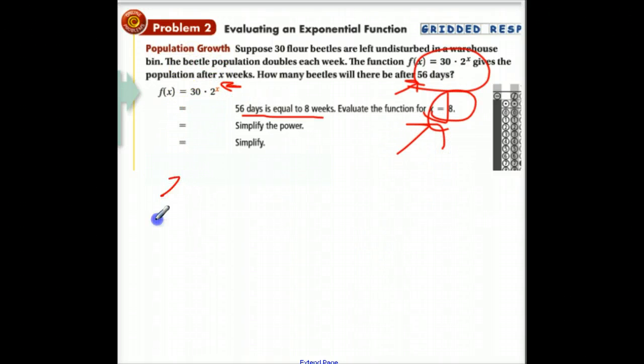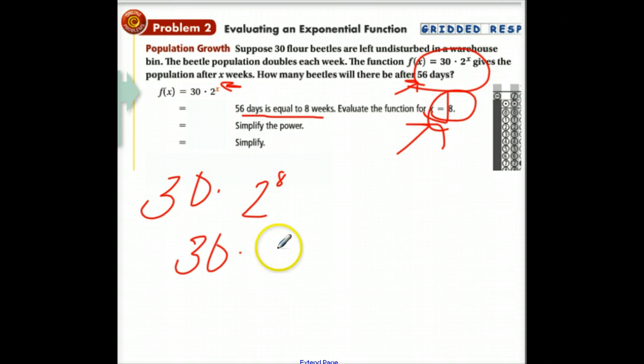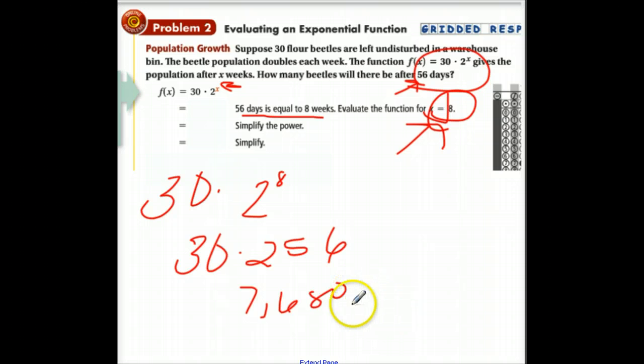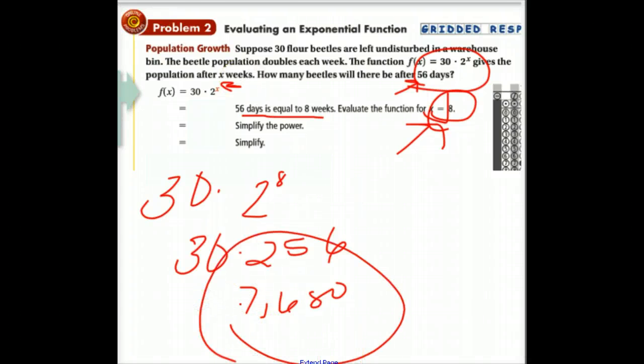So it's going to be 30 times 2 to the 8th power. 2 to the 8th power is 256. My final answer is 7,680. So to answer the question, after 56 days, there will be 7,680 beetles. Okay? So again, just plugging in the value for x.